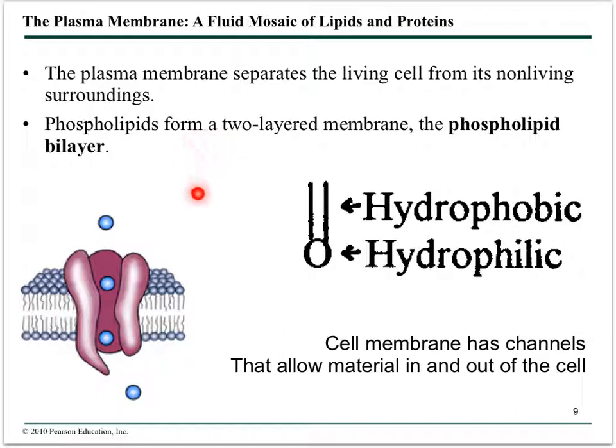And it looks like this. There's the phosphate head, and here's the tail. If you look right here, I just copied one of the layers. And notice that the head is pointed out.